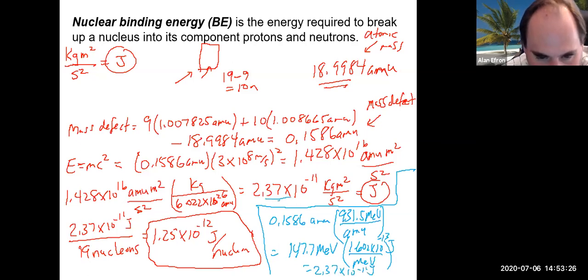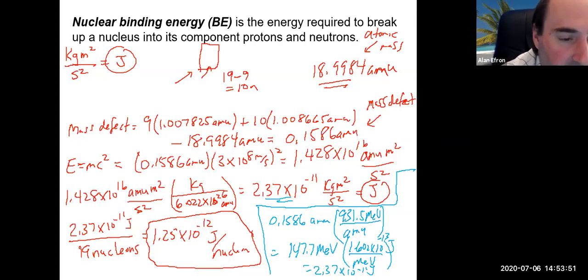Which is this number right here, which at that point we could continue and divide by 19, which will give us the exact same number. So if you want to use those two conversions, it really is the same thing as using Einstein's equation and doing a little conversion with Avogadro's number. And you can see they both get you to the same spot.